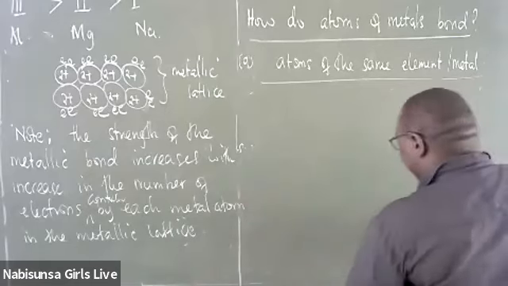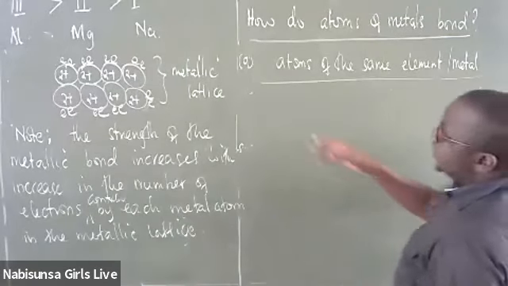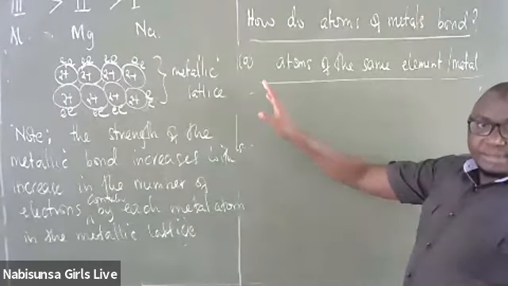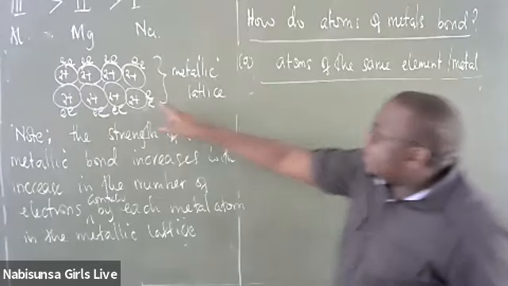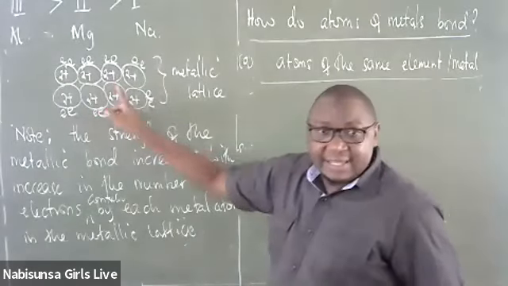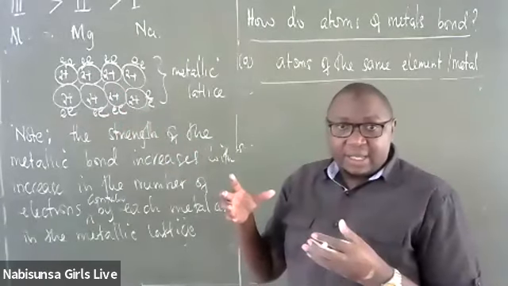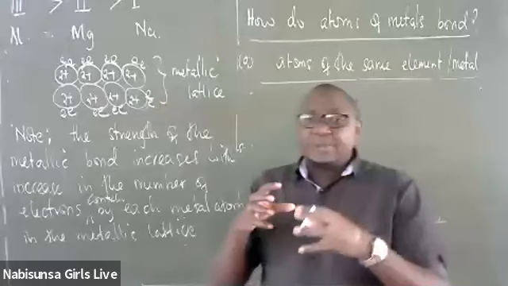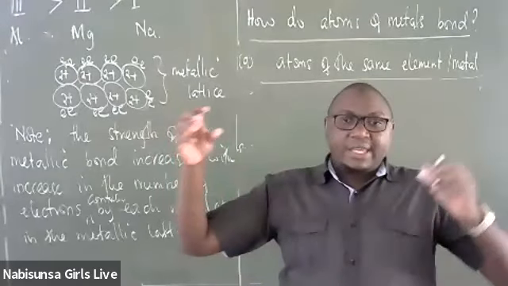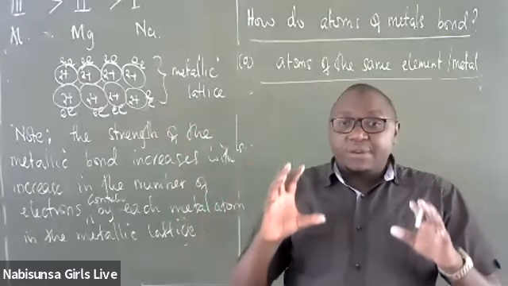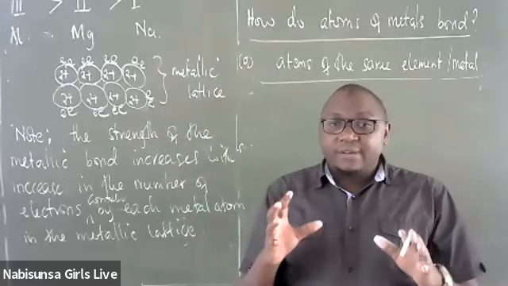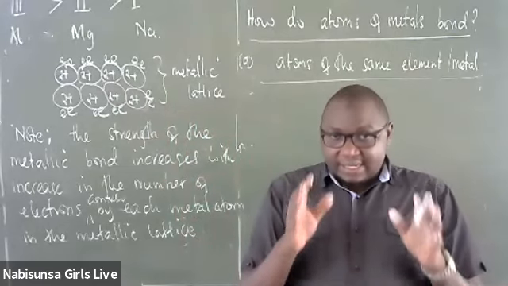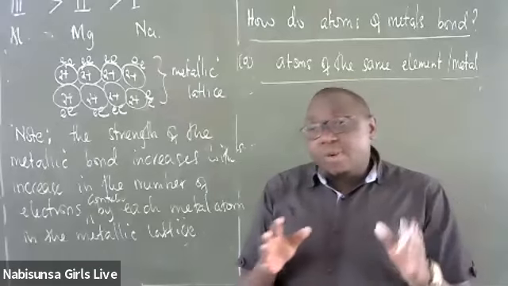When you look at the properties of compounds formed by metallic bonding, you find that the particles are very close to one another. They're very compact. Remember in senior one, we said that whether particles are far away from one another or very close helps you predict what physical state a substance can be.